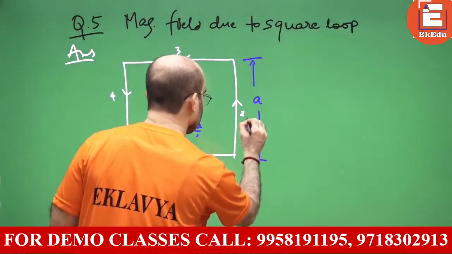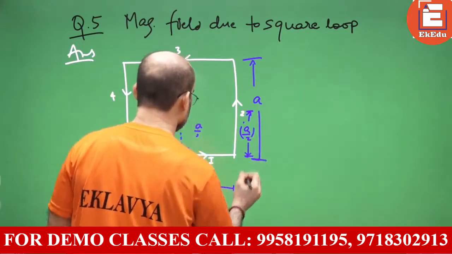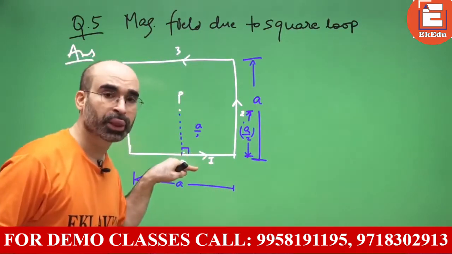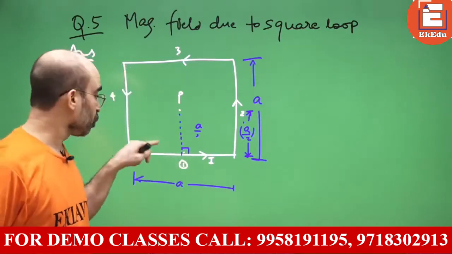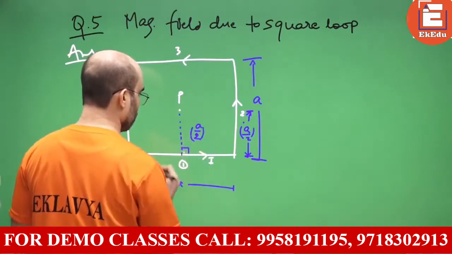That means the perpendicular distance from the point to the conductor will be A by 2.